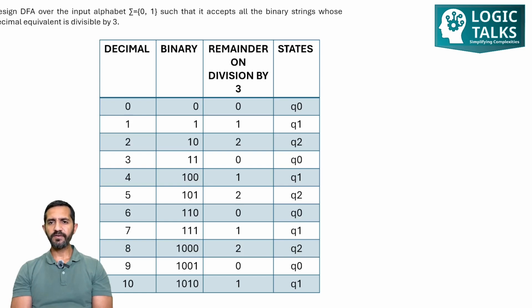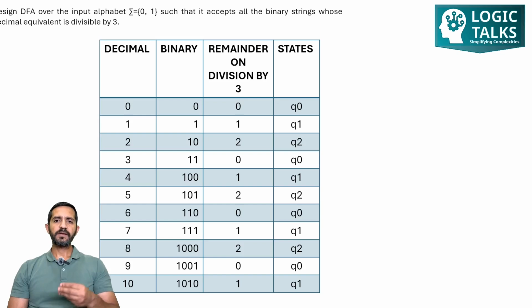For 0 we have state q0, for 1 we have state q1, and for remainder 2 we have state q2. The appropriate state means the state corresponding to the remainder we get by dividing that binary equivalent decimal number by 3.